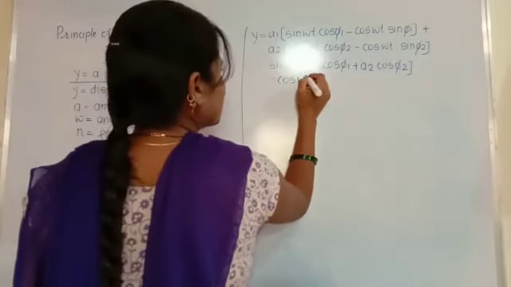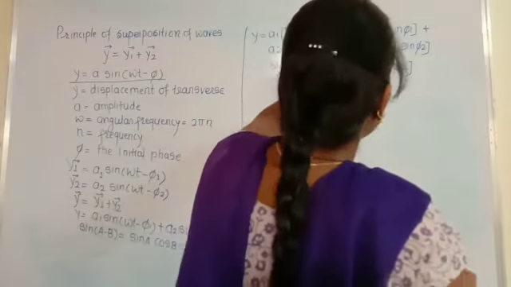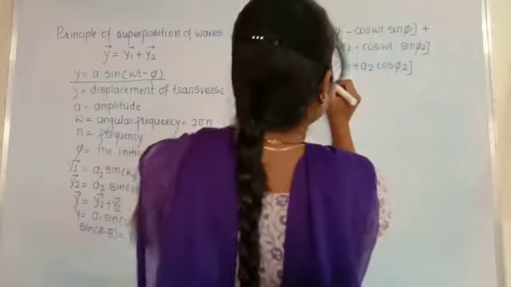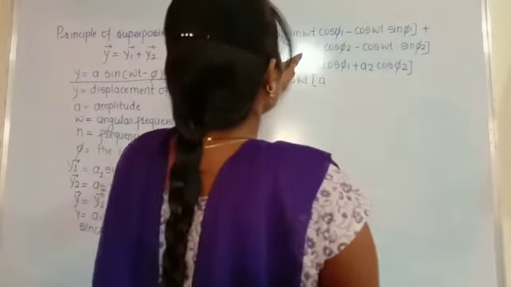cos omega t common. So we get here cos omega t with a minus common. So this is the term.